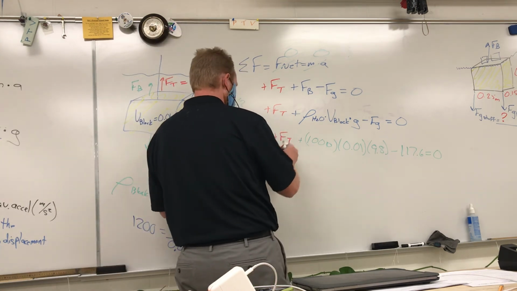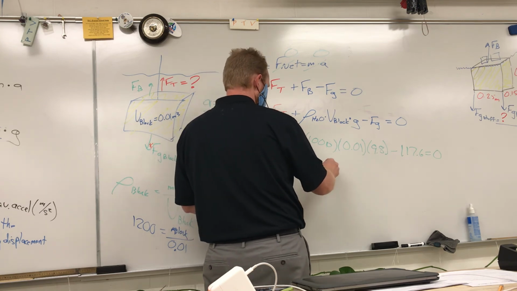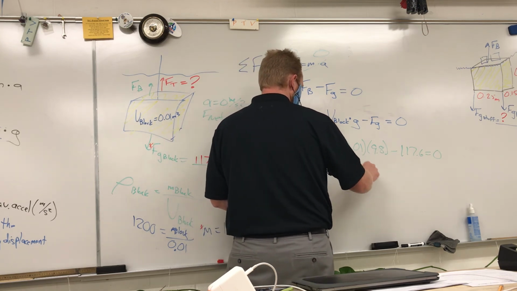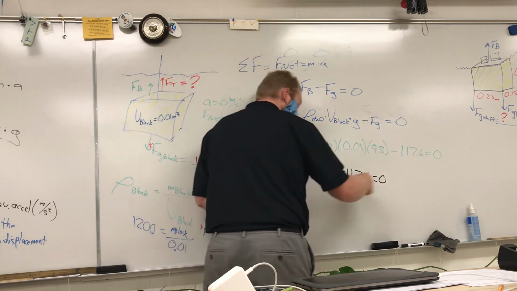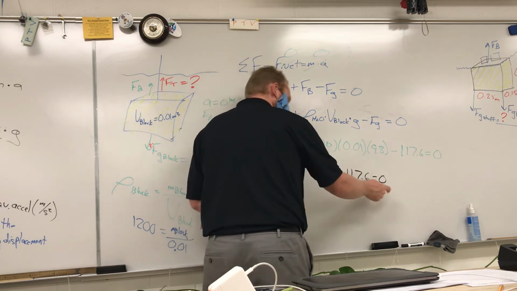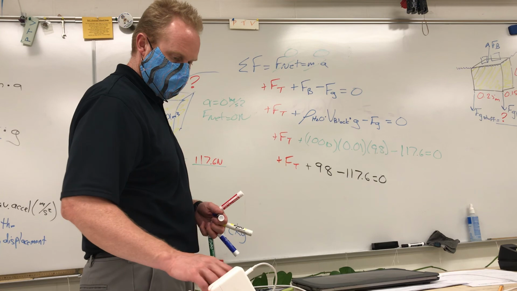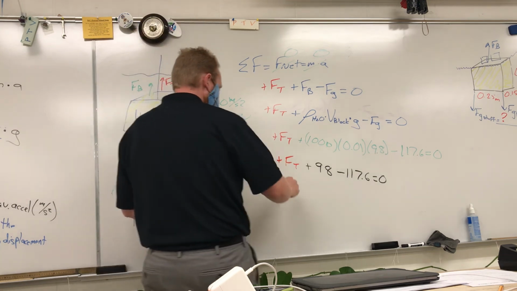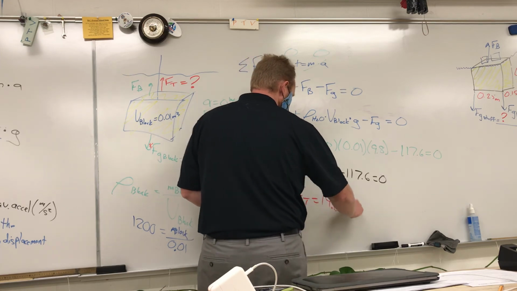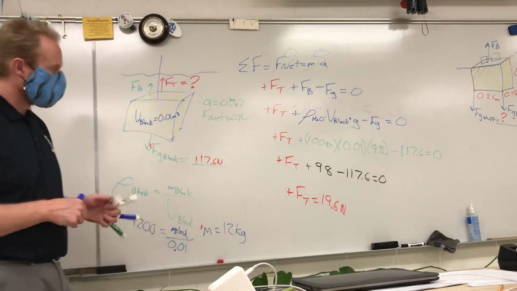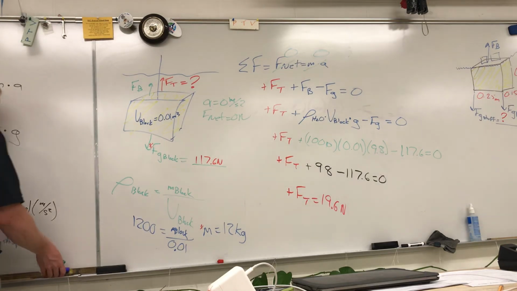Okay, so my F of T plus 98 minus 117.6 is equal to 0. I have to move this to the other side, I have to add it, I have to move this to the other side, I have to subtract. So 117.6 minus 98 gives us a tension, an F of T, of 19.6. Okay, so that's my F of T.